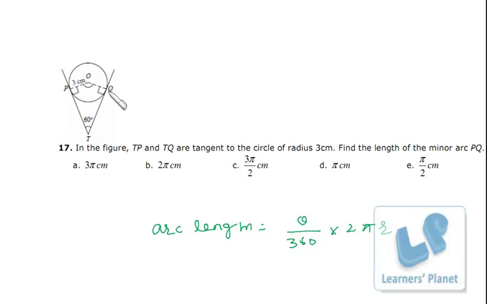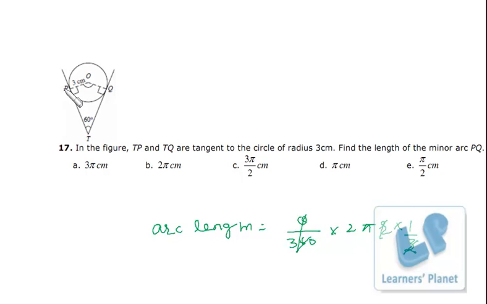Now POQT is a quadrilateral. This angle is 90 degrees, this angle is 90 degrees, so these two make 180 degrees. That means the remaining 180 degrees should be these two. So this is 60, that means this should be 120 degrees, right? So 120 degrees out of 360, that means 1/3 of the total circle. Okay, radius is already given to us as 3, so I write 3 instead of r, so 3 and 3 cancel, so it is 2 pi.